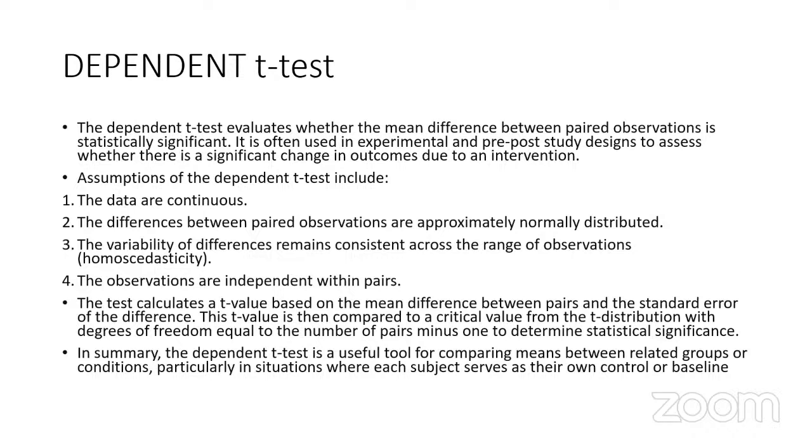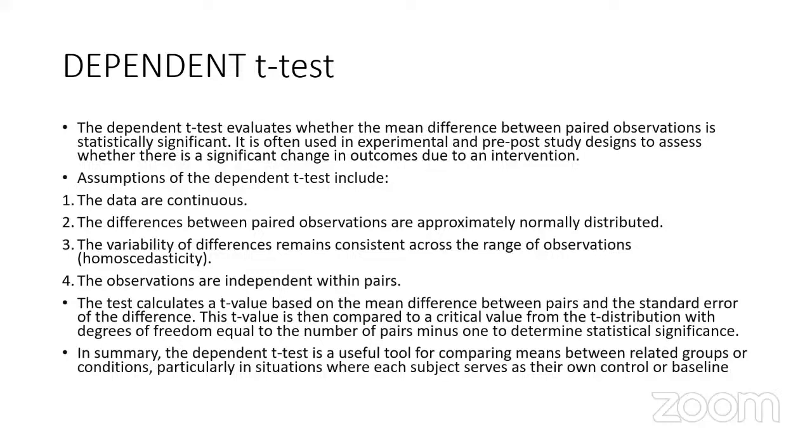Second, the differences between paired observations are approximately normally distributed. Third, the variability of differences remains consistent across the range of observations. Fourth, the observations are independent within pairs.